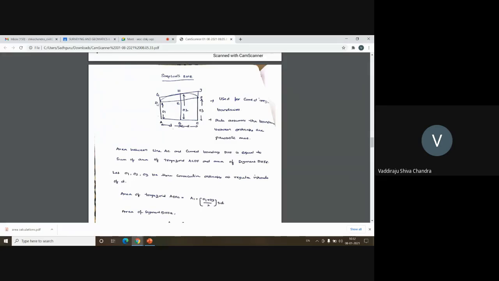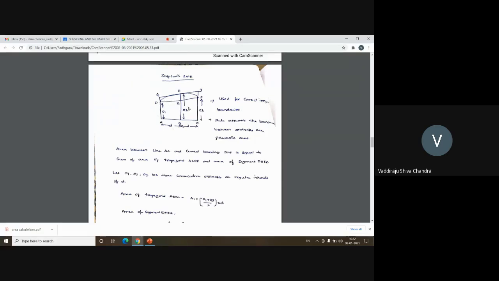This is equal to the area of the trapezoid ADFC plus the area of the segment DHFE, this portion. So I'm simply dividing this curved boundary into two portions: one portion is the trapezoid ADFC, and the other is the parabolic segment DHFE.